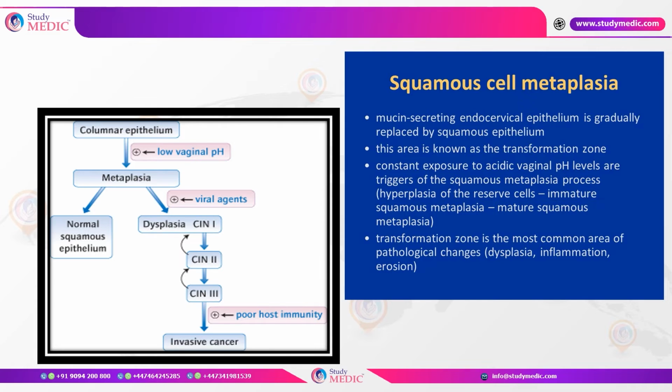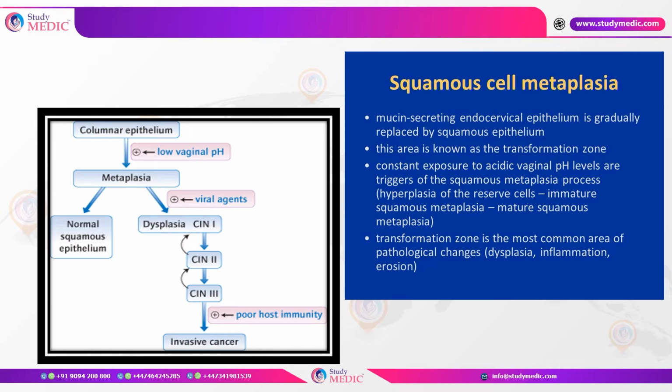Now if at the time that they are undergoing metaplasia, they are exposed to some viral agents, most commonly HPV, then these cells, instead of undergoing metaplasia, turn dysplastic. Okay, and then you have CIN 1, 2, 3. If this person particularly is not having good immunity, or this CIN is not diagnosed in time, then it progresses on to form invasive cancer.